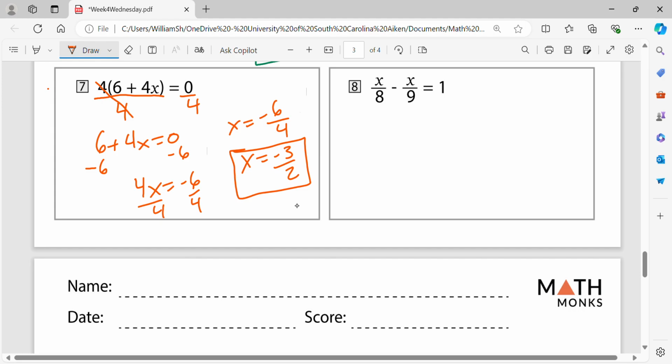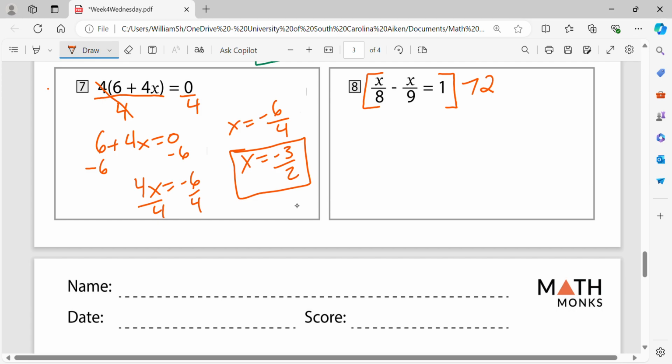Now, the least common multiple here of 8 and 9 is actually their initial product, 8 times 9, which is 72. Sometimes it's smaller than that, but in this case, the least common multiple of 8 and 9 is 72. So if I were to multiply the entire equation by 72, then I could cancel both of these denominators out.